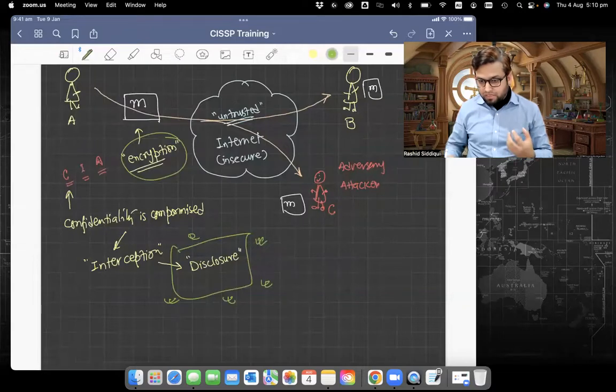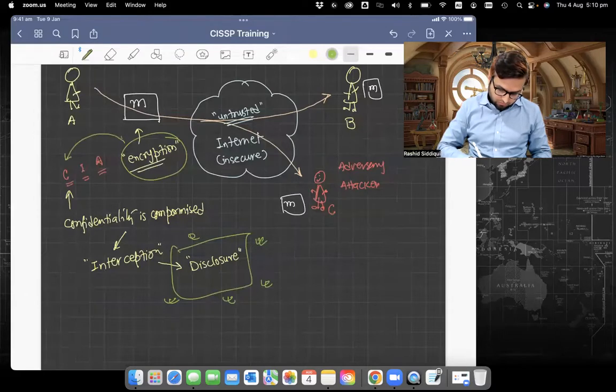So encryption is used to uphold the confidentiality of the message. We should keep this in mind: whenever we use the word encryption, it should ring a bell of confidentiality. Actually, encryption is also used to achieve integrity as well.